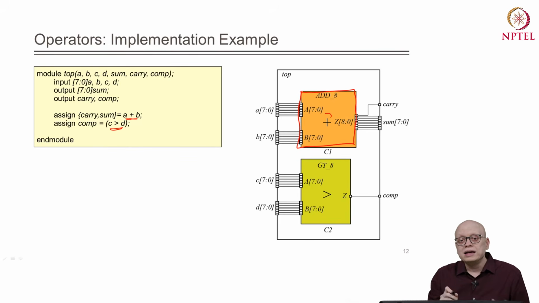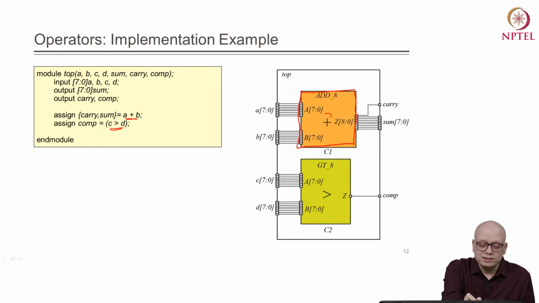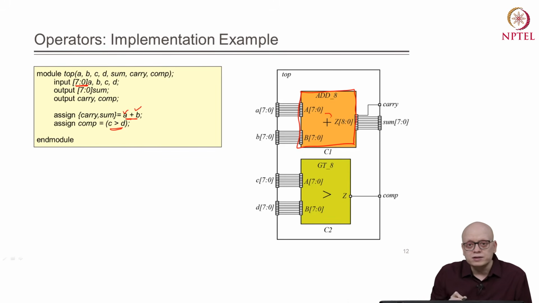For example, the tool will have a parameterized module which is implementing an adder, and since the width of A and B is 8 bits, it will set the parameter value correspondingly, so it may set the value as 8 for the parameter.